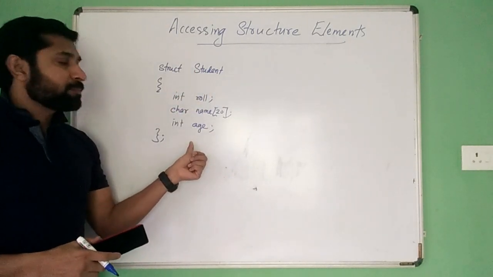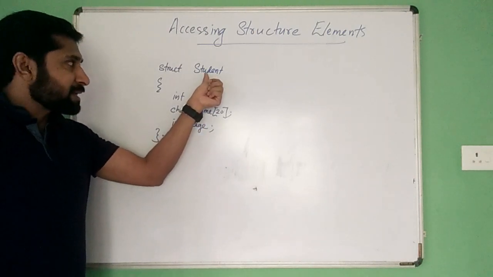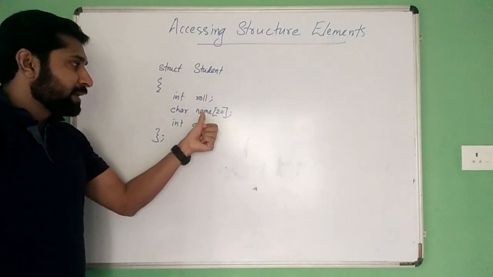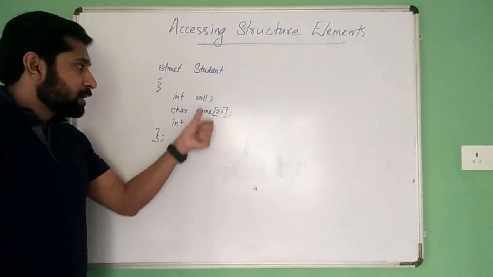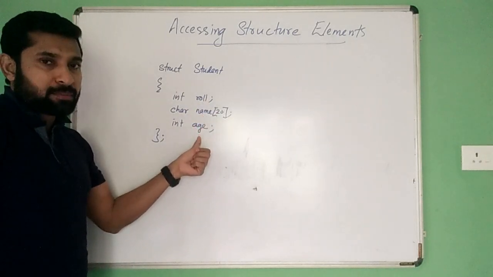This is an example structure named student, the structure tag is student. It has three members inside: roll, name and age.